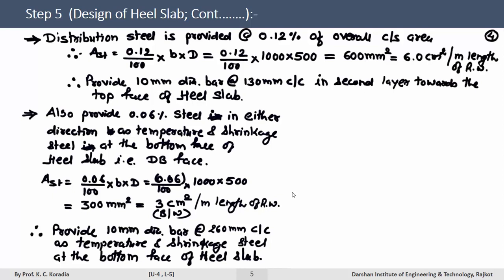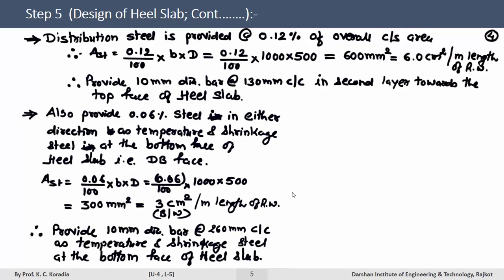Also provide 0.06% of steel in either direction as temperature and shrinkage steel at the bottom face of the heel slab, that is towards the DB face. AST for 0.06% comes out to be 3 cm square per meter length of retaining wall.